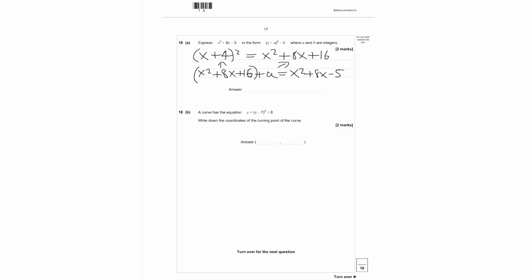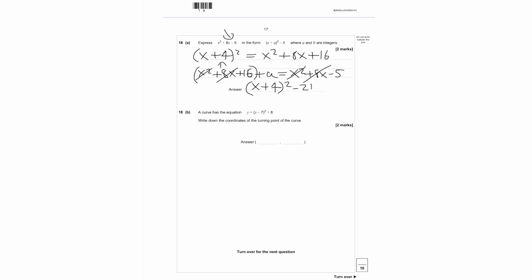So working this through, we can cancel out the like terms, and we're left with 16 plus a equals minus 5, therefore a is going to be minus 5 minus 16. So a is going to be minus 21. So our final answer is x plus 4 all squared minus 21.